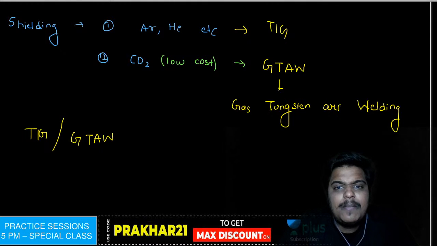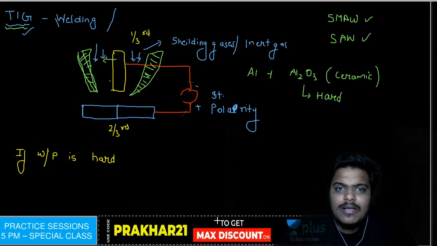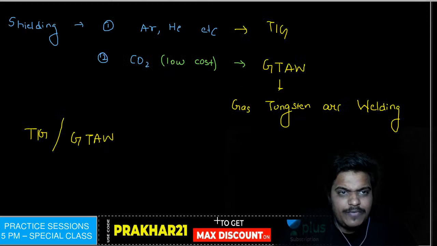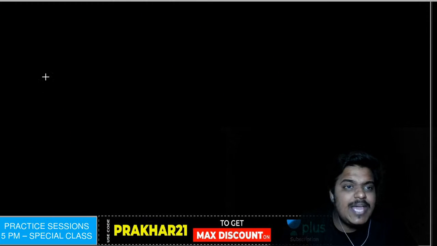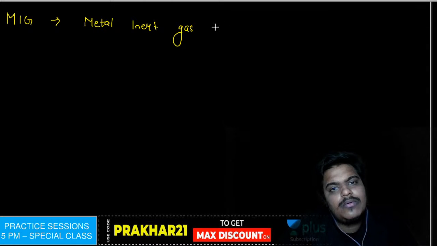So please give the heading metal inert gas welding. Now you have done TIG. Now we will move to the next process, MIG. You must have heard both TIG and MIG. MIG, metal inert gas welding.